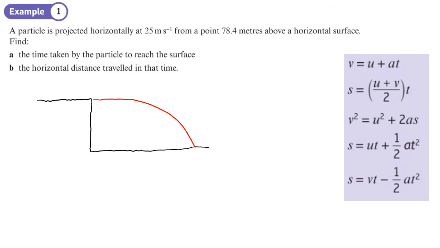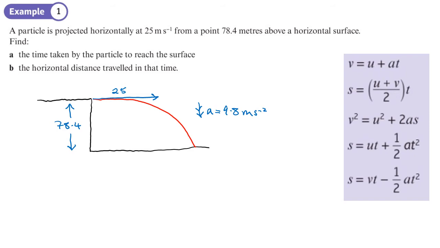It tells us that this is 78.4 meters from there to there, and the horizontal projection here is 25 meters per second. Anything else on that diagram? Well, we're going to have acceleration going down, 9.8 meters per second squared. Right, okay. Find the time taken for the particle to reach the surface.